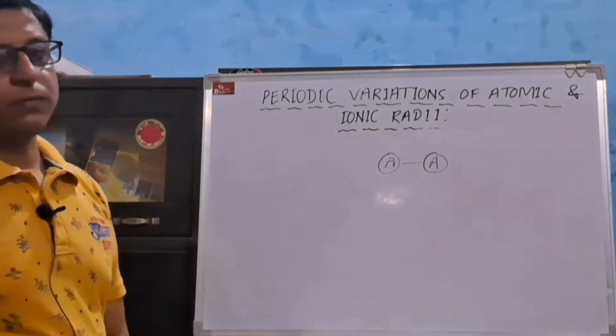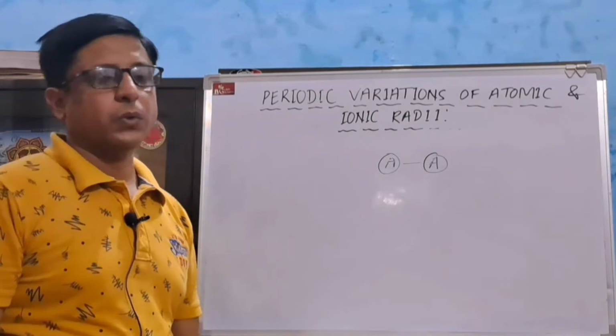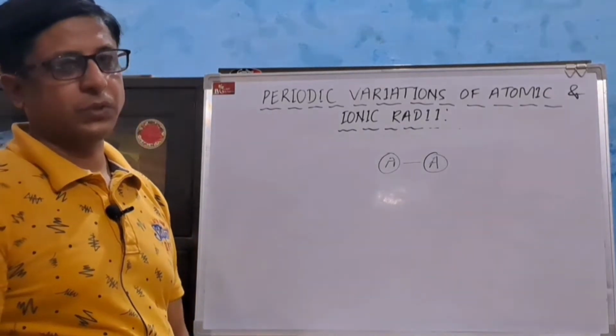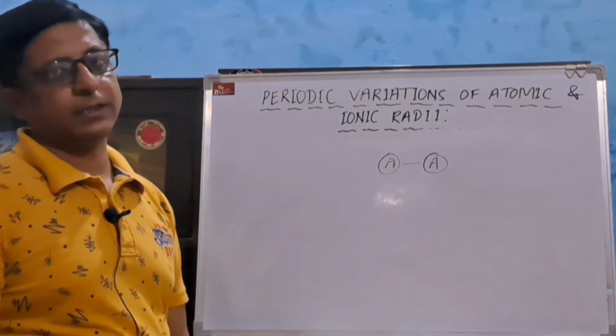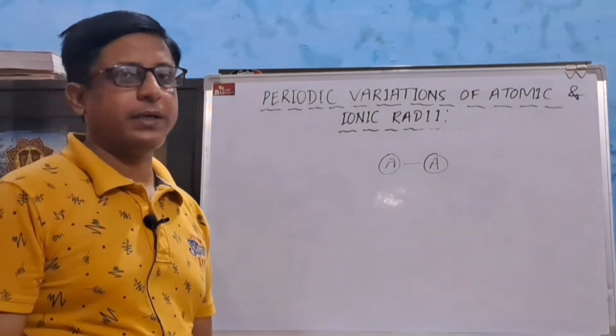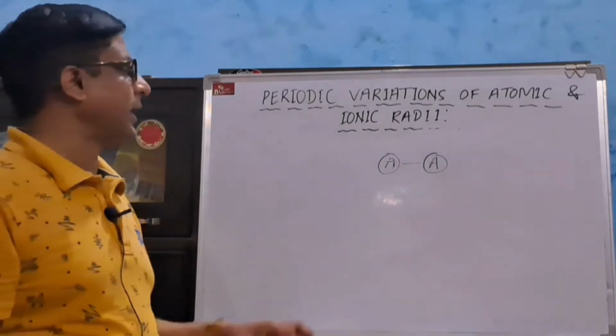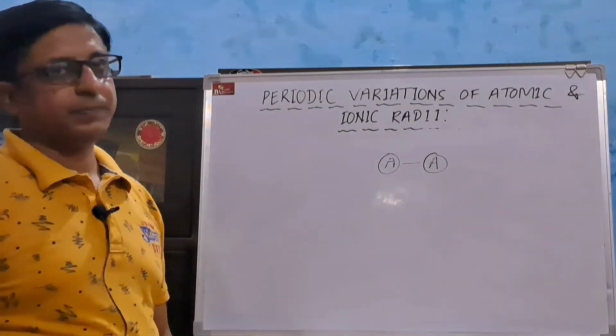Similarly, in case of metallic crystals, the distance between two neighboring metal atoms is known as interionic distance. By measuring internuclear distances or interionic distances, we can determine atomic radii or ionic radii.